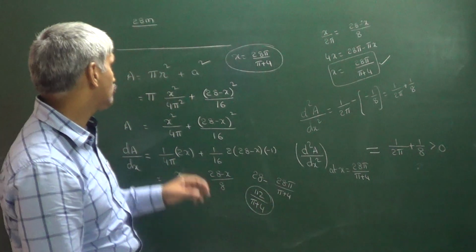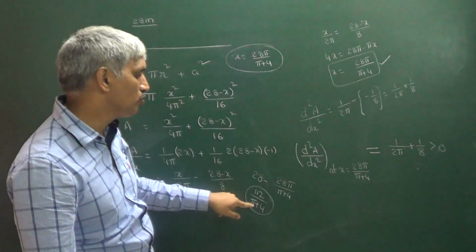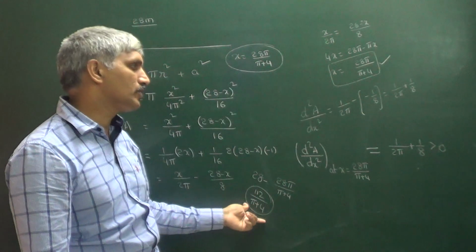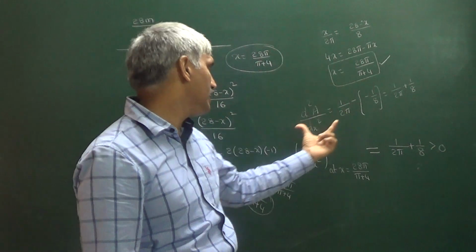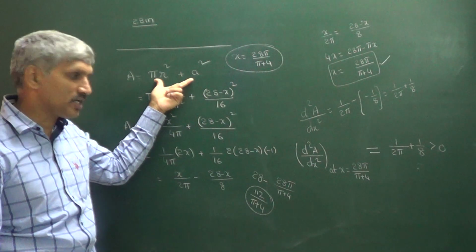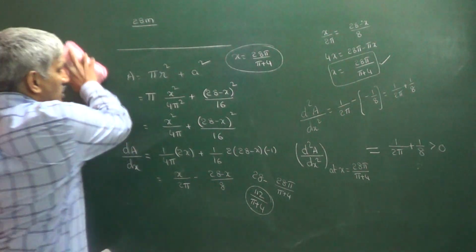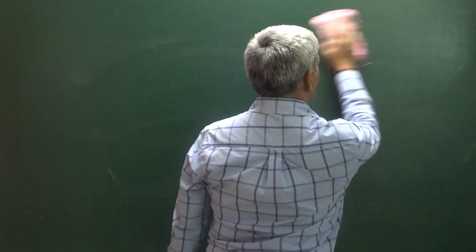So 28 meters wire, we have to divide into two pieces. One piece length is equal to this one, the other piece length is equal to this one, so that we will get the combined area minimum. Okay, so that is about the discussion regarding that particular application oriented question.